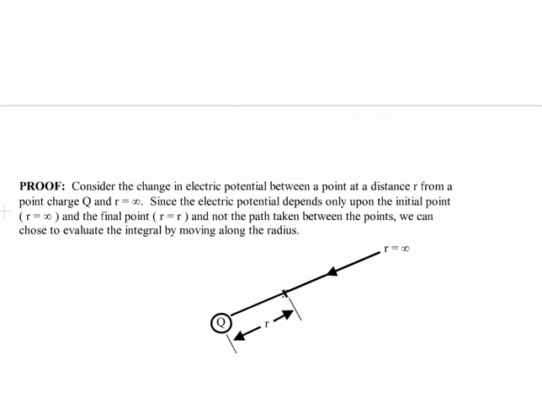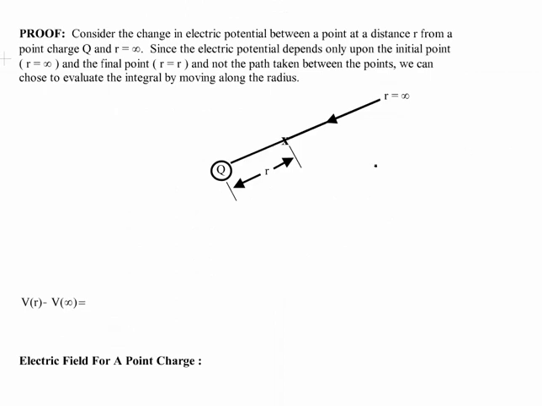So to derive this formula, I'm going to start with an object setting right out here, and I'm going to move that, or think about moving, all the way in to where this x is located at a distance from my charge of r.